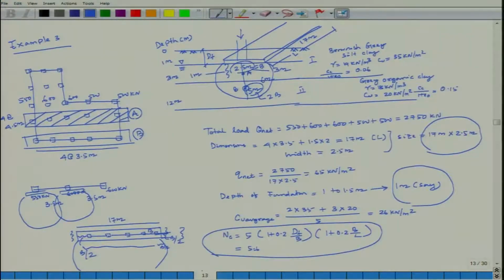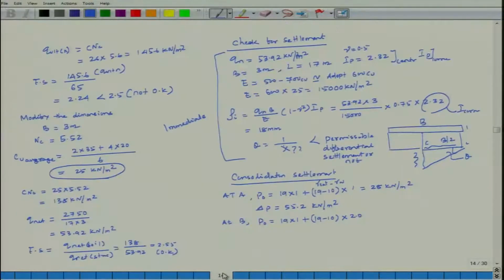Why is it 2.0? Because this soil layer has to be covered. 19 submerged, here you have to find the submerged unit weight, because the water table is here, that means 19 minus 10, 9 into 2 meter.